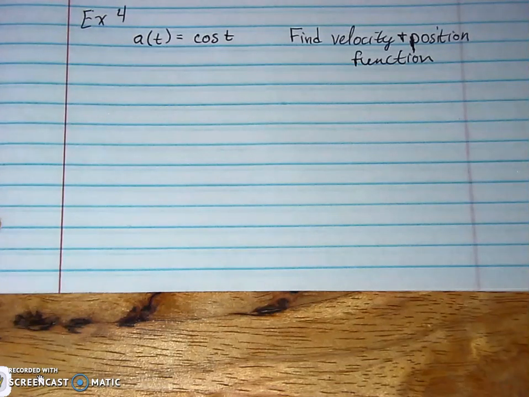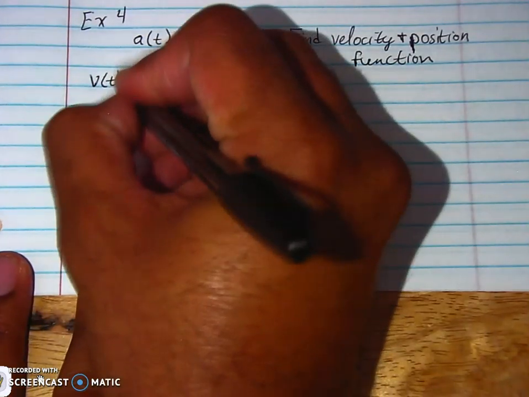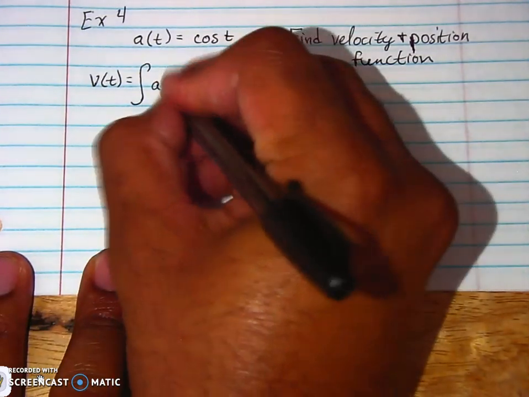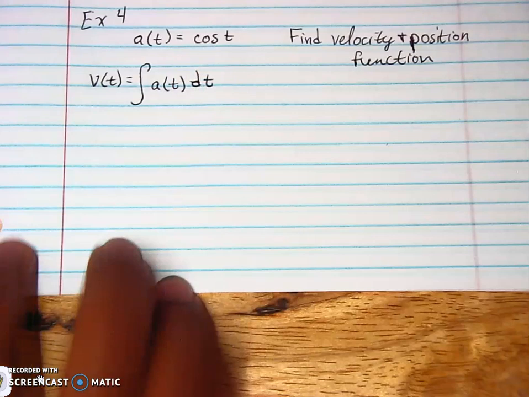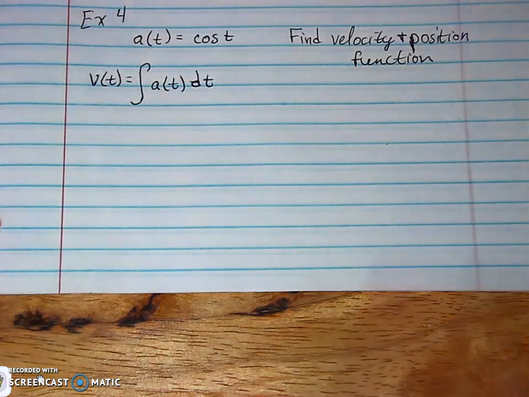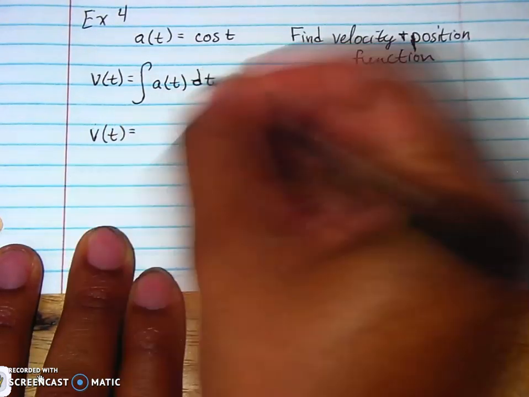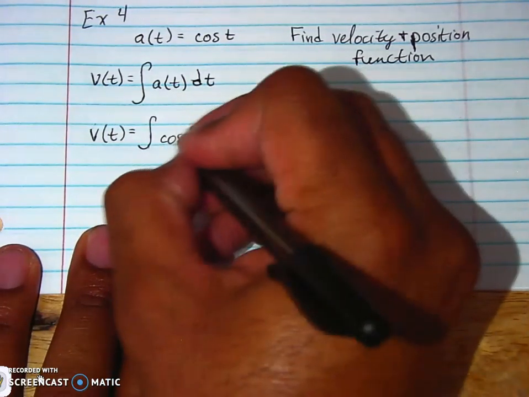Hopefully you guys remember your antiderivatives. So I'm going to rewrite this a little bit. Our velocity is the integral of acceleration dt. So velocity is the antiderivative of acceleration, and acceleration is cosine t.